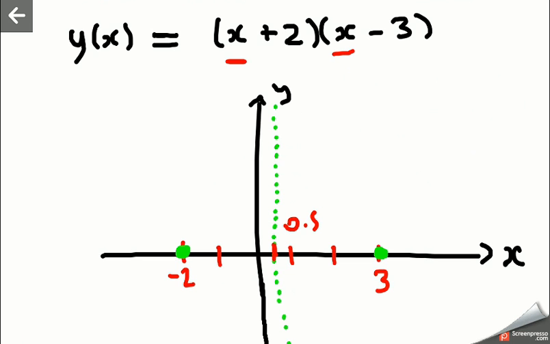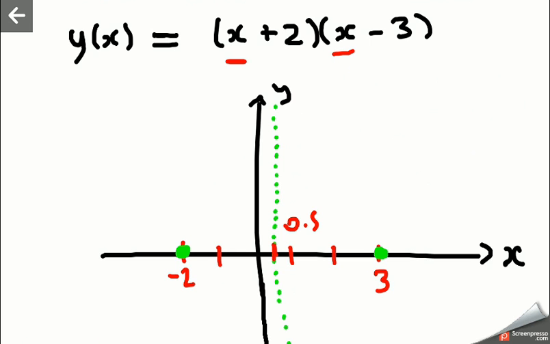So we know that our parabola is going to be symmetrical about that line because it's halfway in between those 2 points. And we can also find out the value that our parabola will take when x is equal to 0.5. We do that by putting 0.5 into the function.